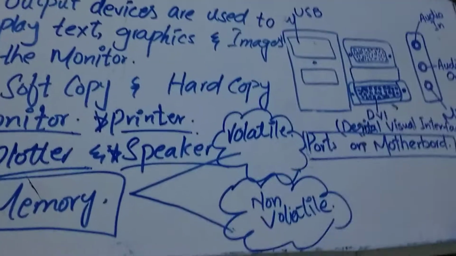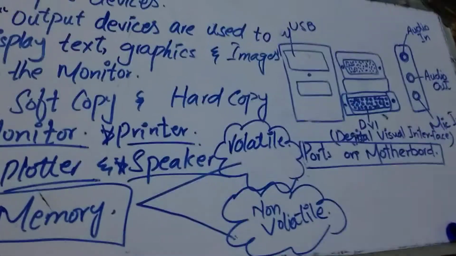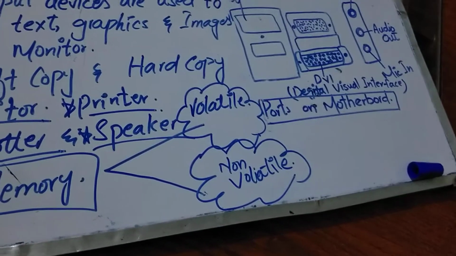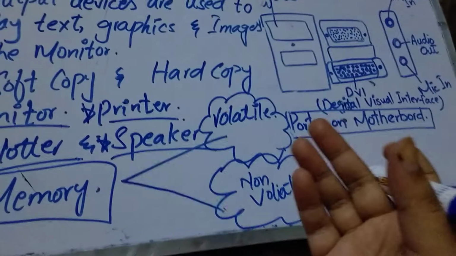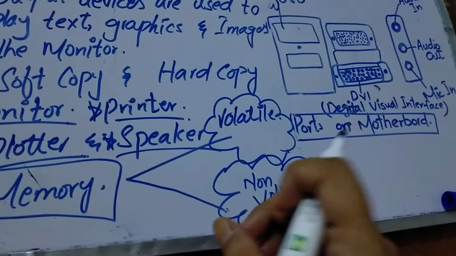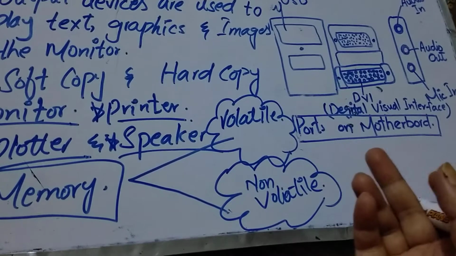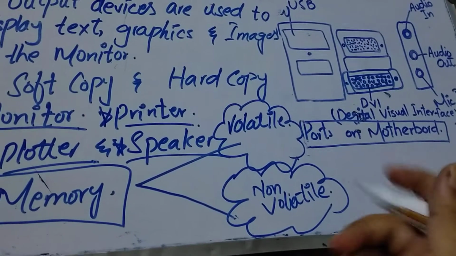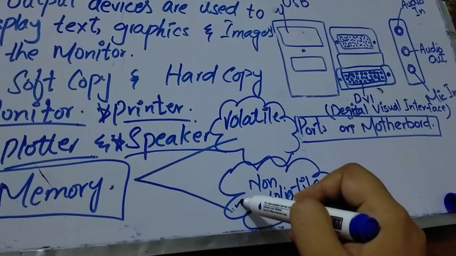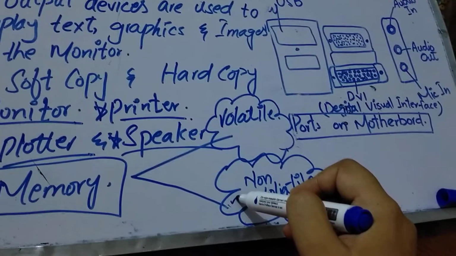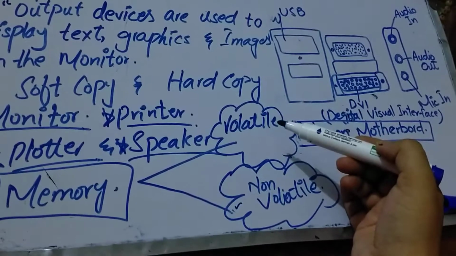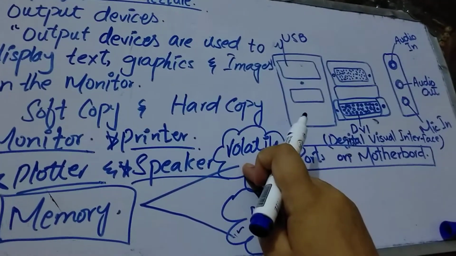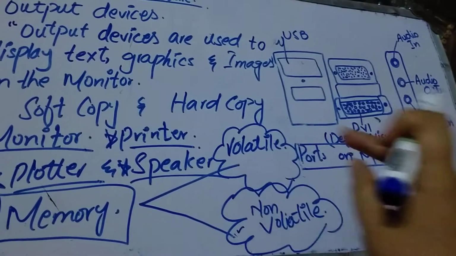What is volatile memory? That memory which needs continuous electric charge or electric power supply. For example, RAM. RAM stands for random access memory, and cache memory. Clear? And non-volatile is the opposite of volatile memory.